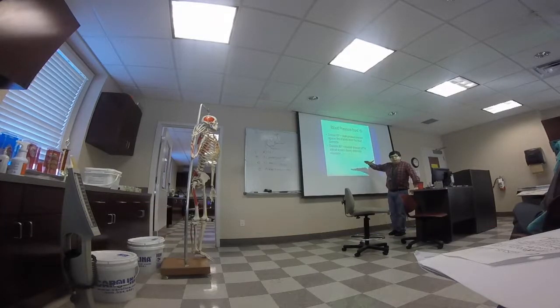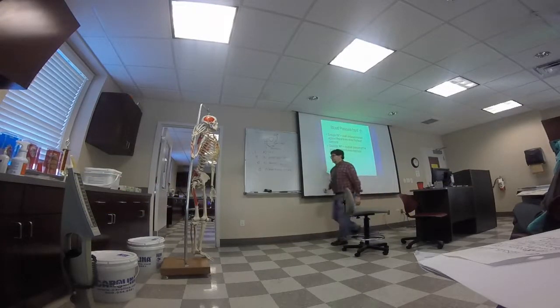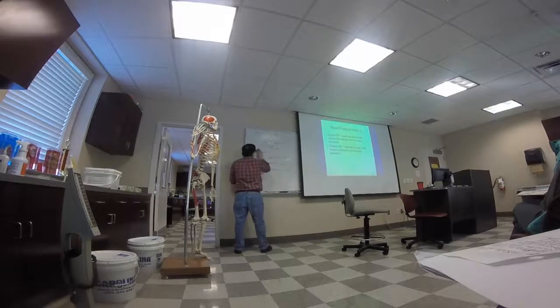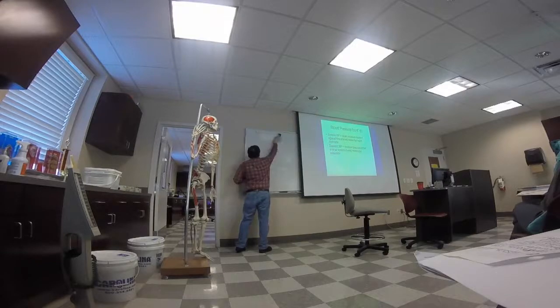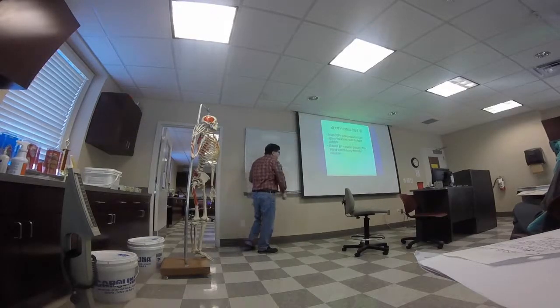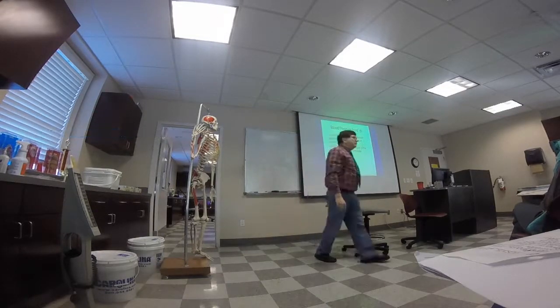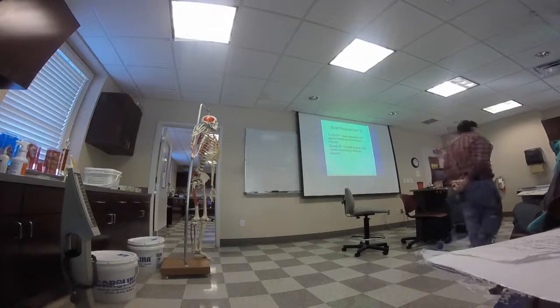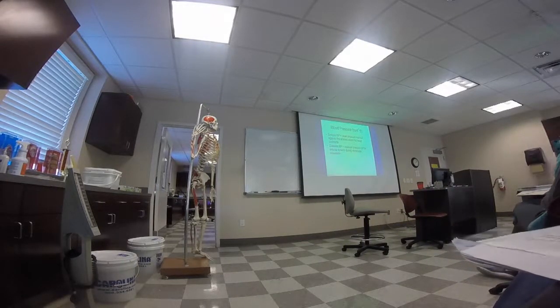That minimum pressure that occurs right before the next systolic event would be the diastolic. So for instance, you may have a blood pressure of 120 over 70 millimeters of mercury. The 120 would be the systolic component. The 70 would be the minimal reading before the next contraction. That would be the diastolic.